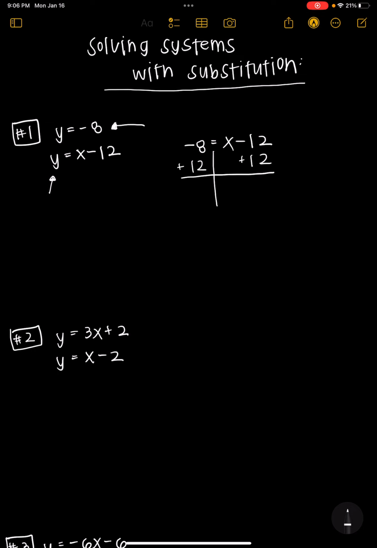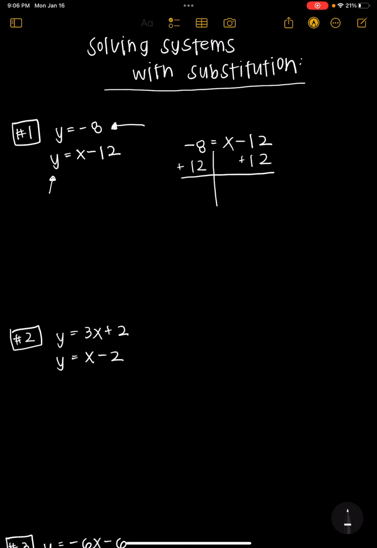Unfortunately, we can't just plug something in, but these two y's are the same y. And if they're the same y, we can actually replace one of the y's with the other equation. So I'm going to say, if this y is equal to 3x plus 2, then this y must also be equal to 3x plus 2.